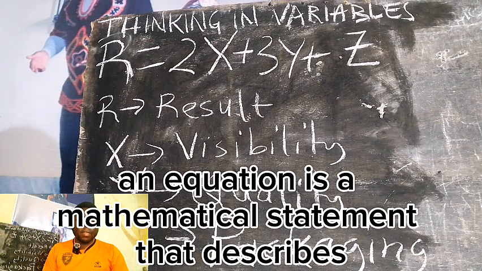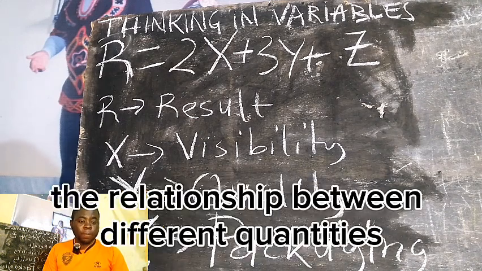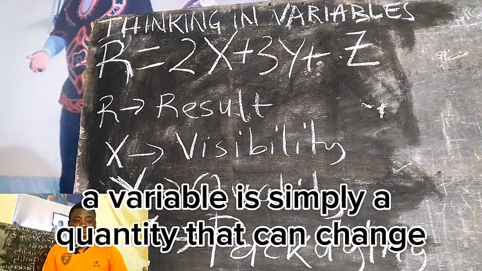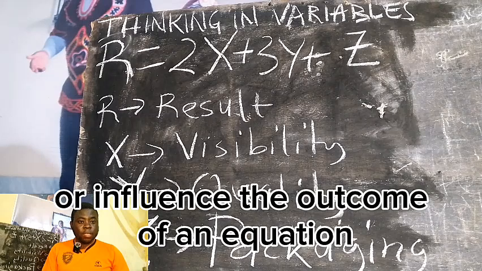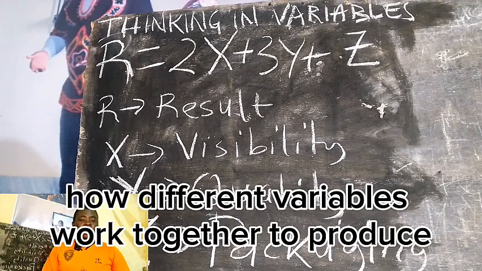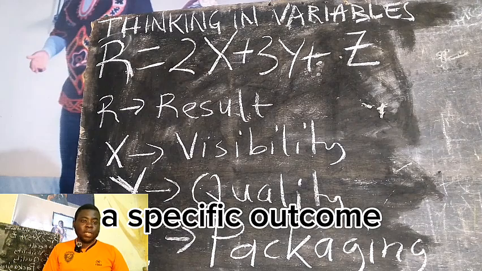An equation is a mathematical statement that describes the relationship between different quantities. Meanwhile, a variable is simply a quantity that can change or influence the outcome of an equation. An equation shows how different variables work together to produce a specific outcome.